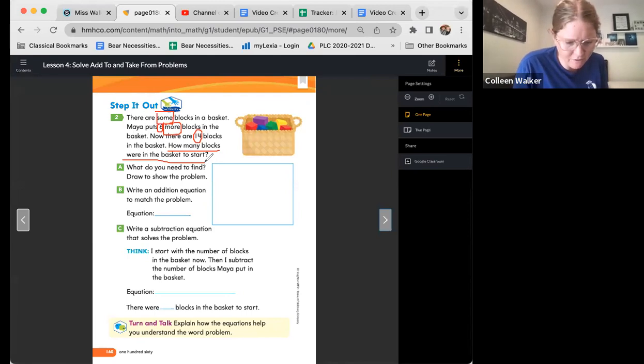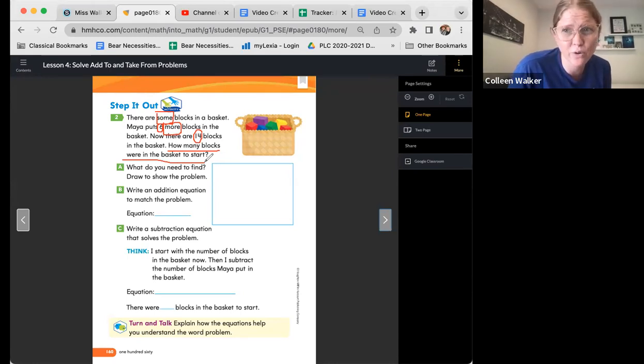So friends, what do you need to find out? Is it a start unknown? Is the change unknown? Or is the result unknown? What is unknown? Yes, it's a start unknown. We don't know how many she started with in the basket. So we need to draw a drawing to figure this out. We can start by drawing the blocks, circles to represent the blocks.